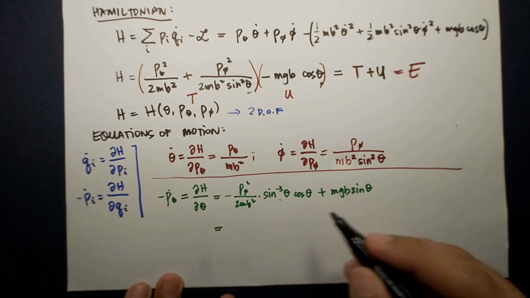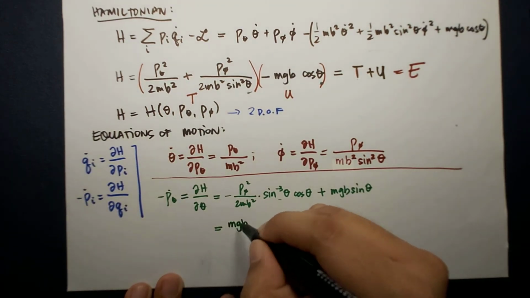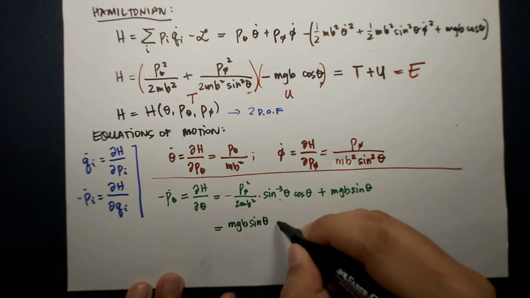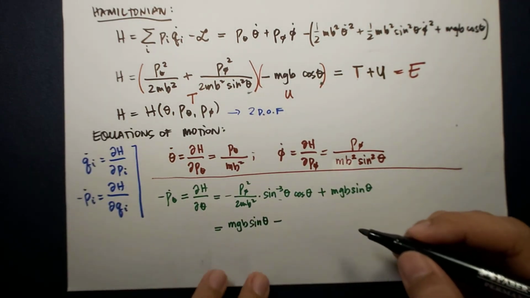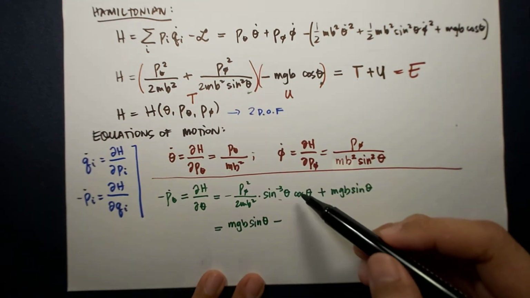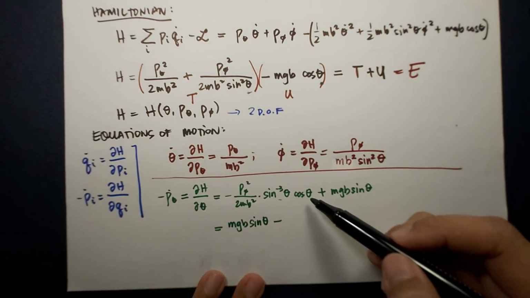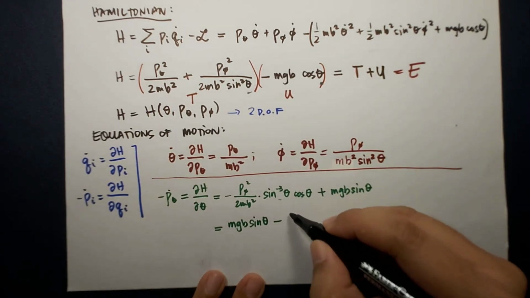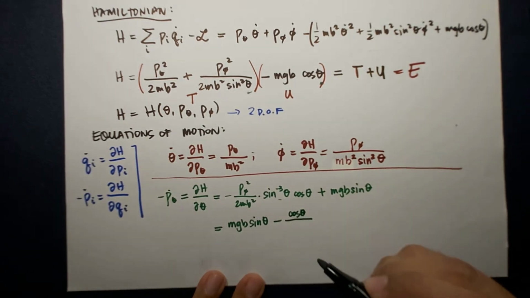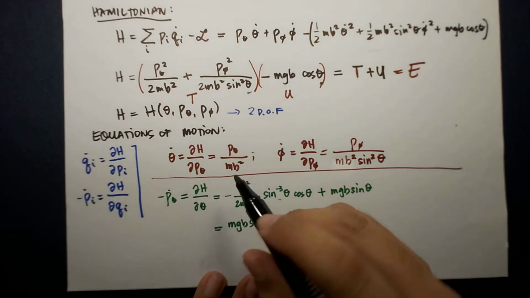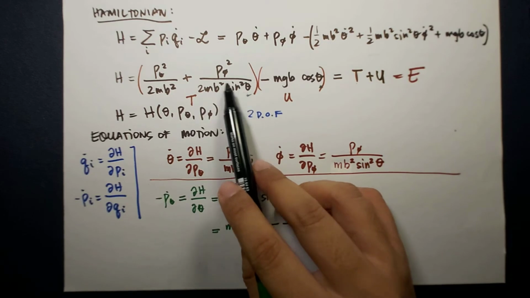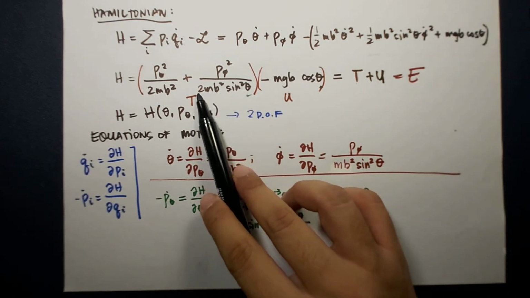Okay, so let's start with this. That is positive, so that's mgb sine theta minus cosine theta over, sorry, no more 2 here because we already brought down the negative 2 here, so it will cancel with the 2 here.